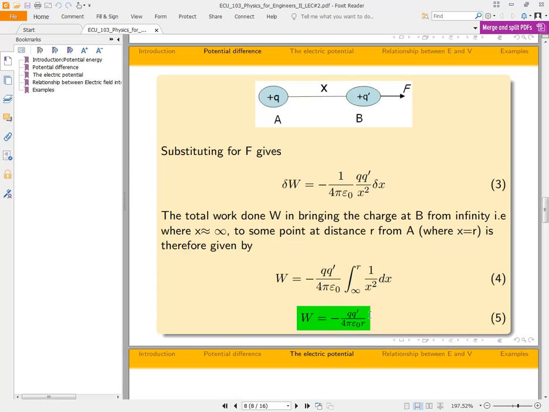But here, the work done in moving a charge between 2 positions is the product of the charges over 4 pi epsilon naught over R. Again, I insist that this is not R squared. This is just R. So this is the work done, and this is what we call the potential energy.